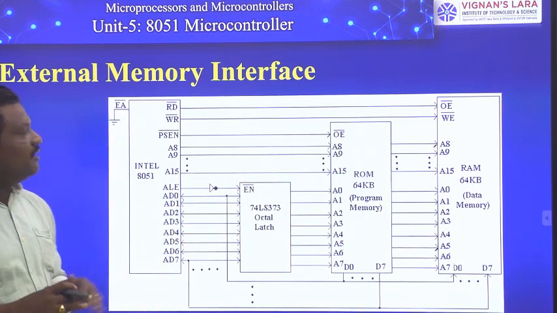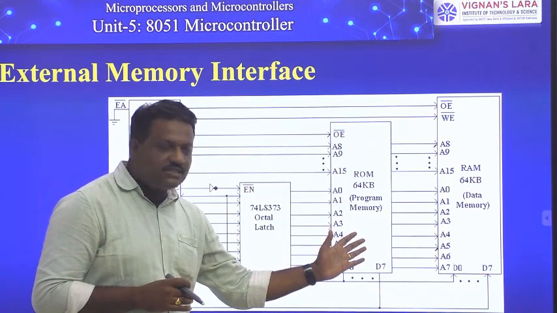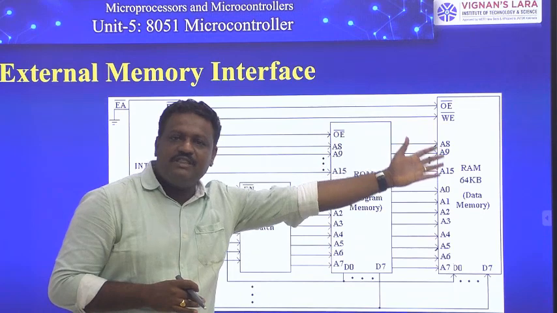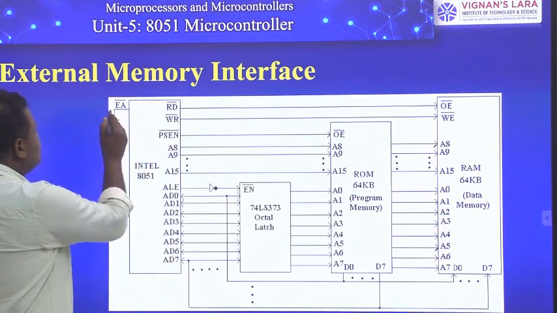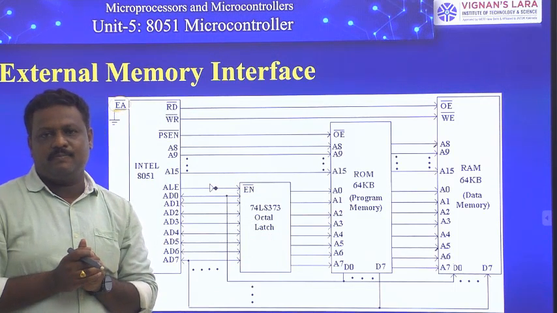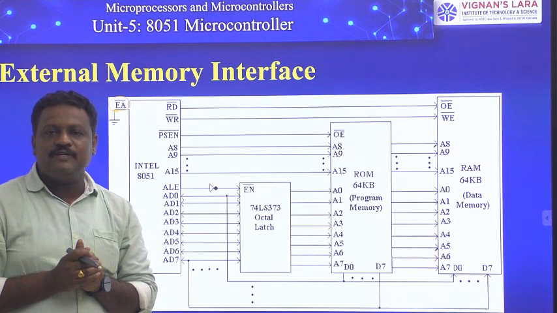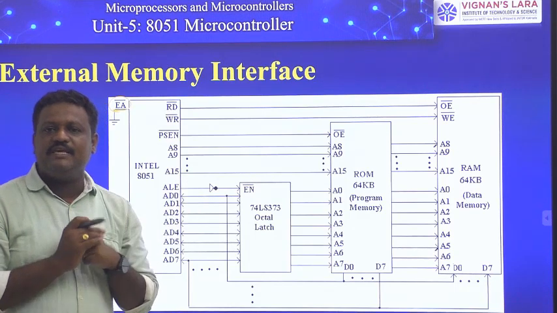See here friends, whenever my 8051 wants to communicate with either external program memory or external data memory, the EA bar signal must be active. I already told you friends, when I was talking about pin configuration, about the signal EA bar.